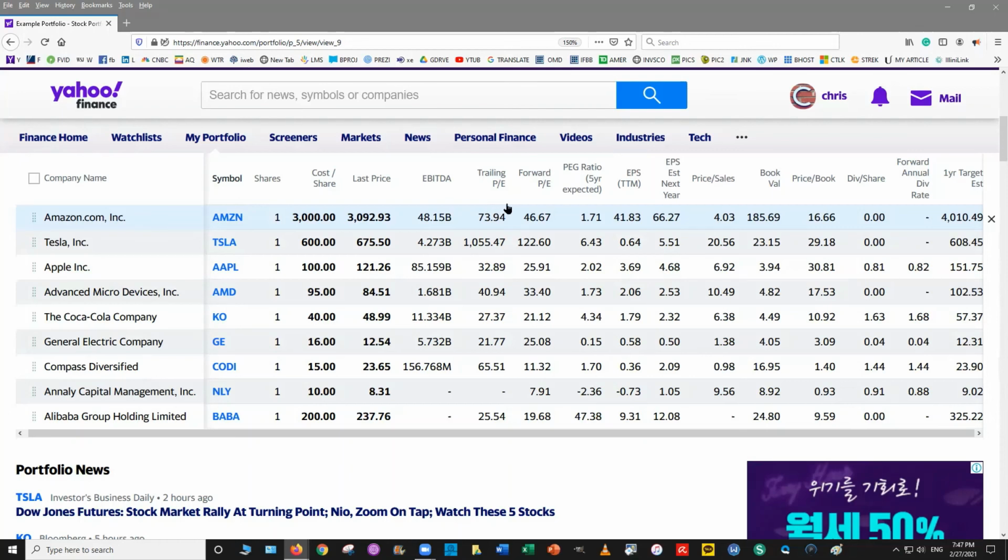Now, sales are a little tricky because it depends on what they call a sale, right? Because some of these service people, they haven't actually sold anything yet, but people are paying them for future things in the future. So you got to watch out for the price per sale. Book value, again, just shows what's it worth if everything gets liquidated. And then your dividend yield's good if you want to make money.